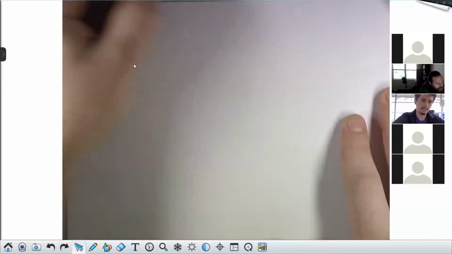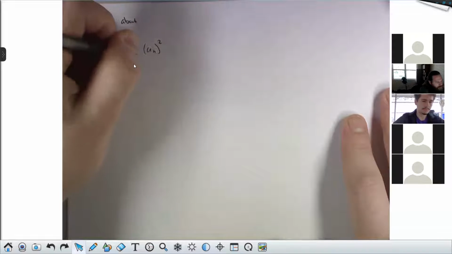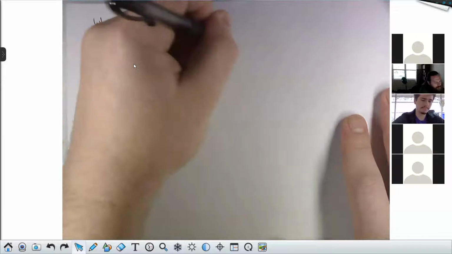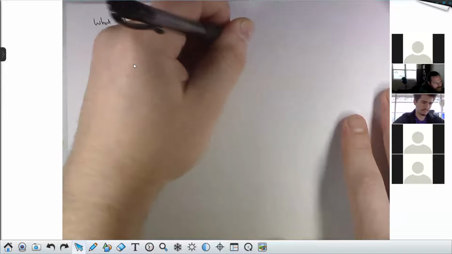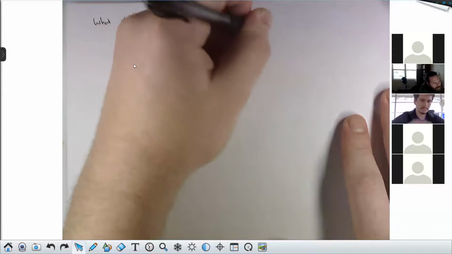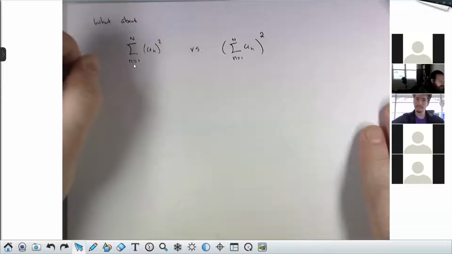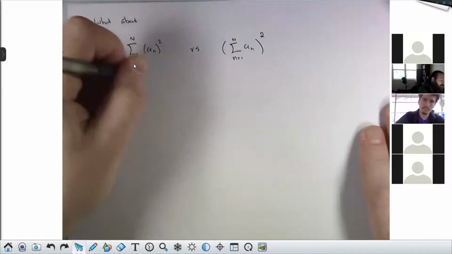What about the sum of a sub n squared from 1 to N versus the sum from 1 to N of a sub n, all squared? You can see if you just take capital N equal to 2, this fails.